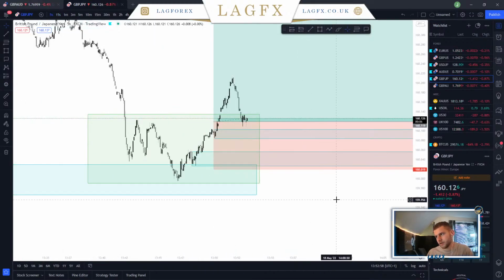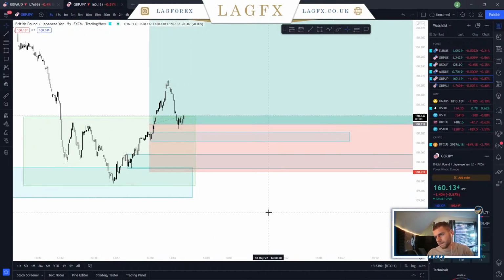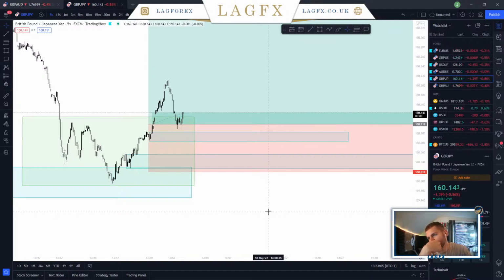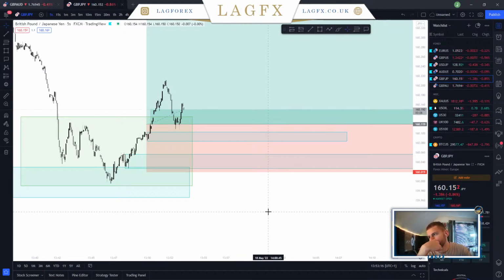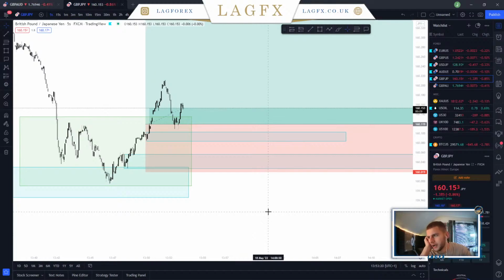Now consolidating around this region. Let's see what happens. Okay, so we've come to test potentially now the reversal back higher. We're just going to be patient just to see fully what happens.